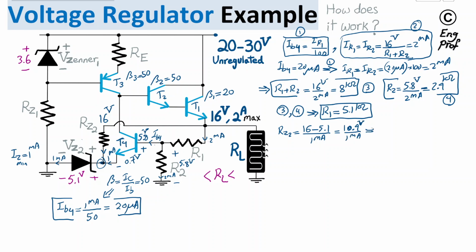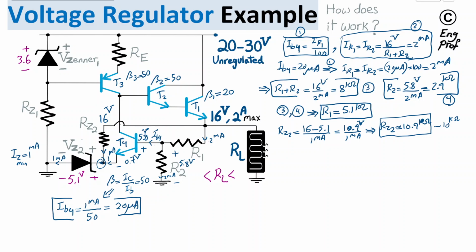So a good choice for RZ2 is roughly on the order of 10.9 kilo ohm, or 10 kilo ohm, let's say, a little bit even more than 1 milliamp. So roughly 10.9 or 10 kilo ohm. Okay, so that's my RZ2. So I can go say 10 kilo ohm.